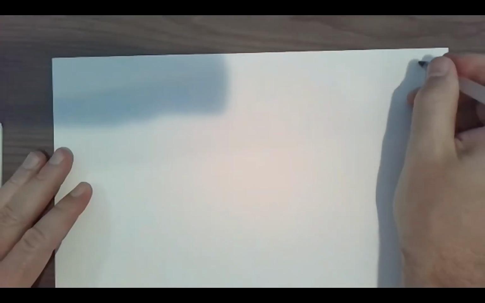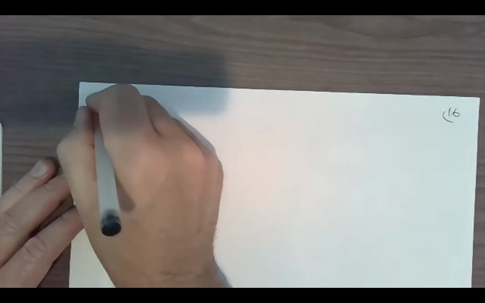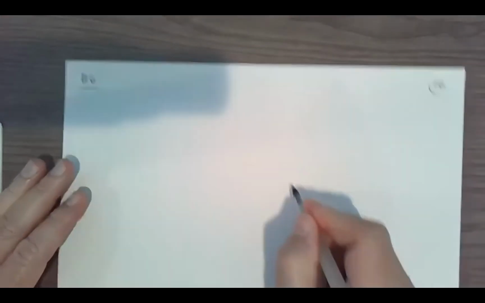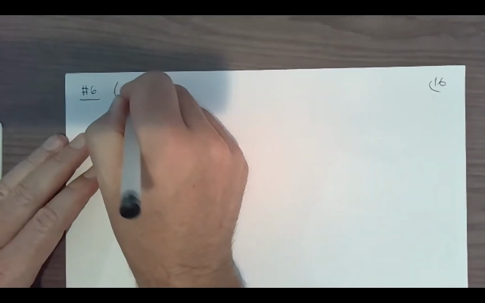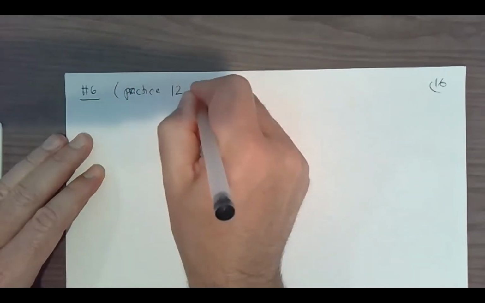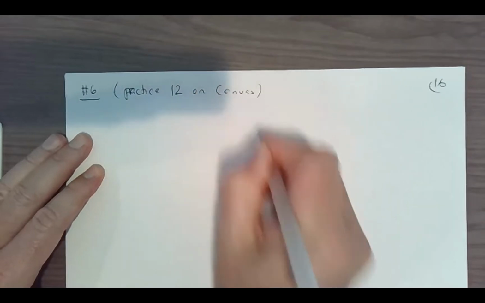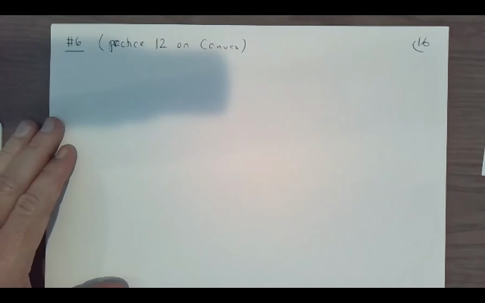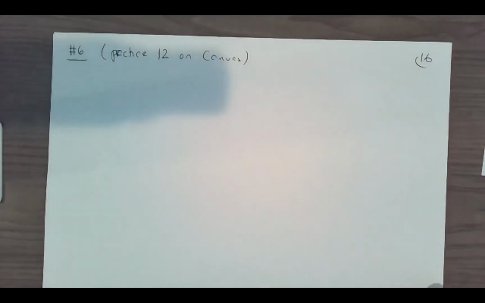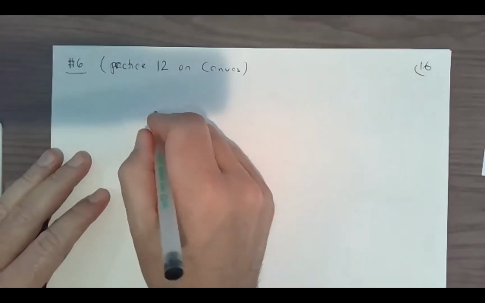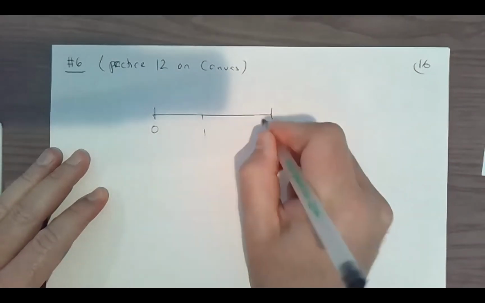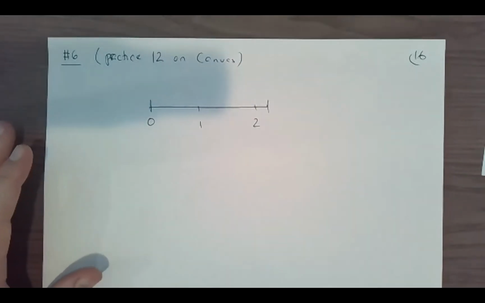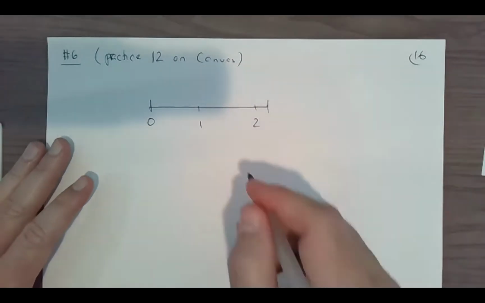So let me take you through what I had in mind with this problem. We're looking at number 6, on practice 12. We're looking at a foreign exchange model that has time 0, time 1, time 2. We have a forward starting call.